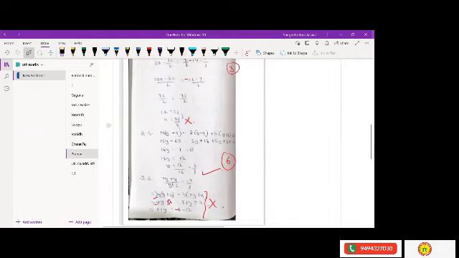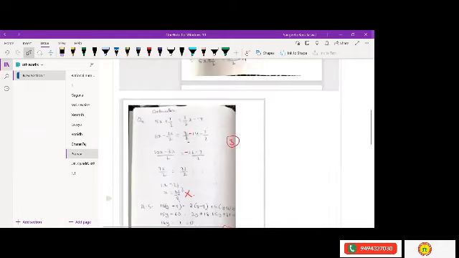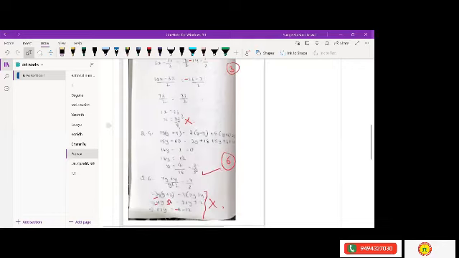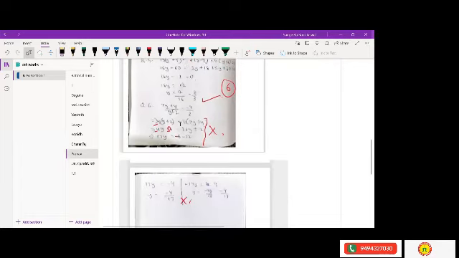Your mistake is here, in the last question and question number 4 also. You made a mistake in the sign. While transposing, you made a mistake here and your answer went wrong. So you have got only half marks over here. And question number 6 is totally wrong.